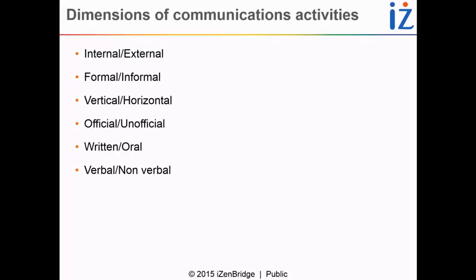For example, within a company, if they were publishing their balance sheet or something like that, then obviously it would be official. Otherwise, most communications are unofficial. Communications can also be written or oral. So that's quite simple to understand. Anything written, an email, a memo, etc., and oral is spoken.